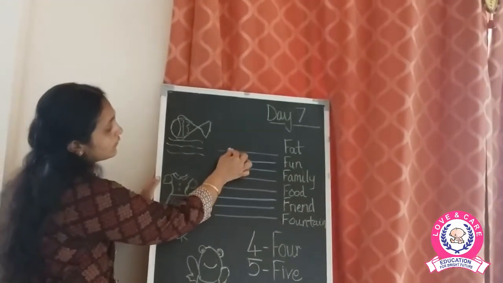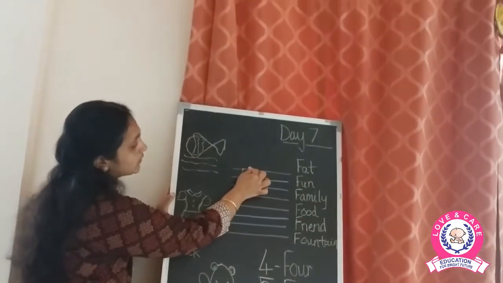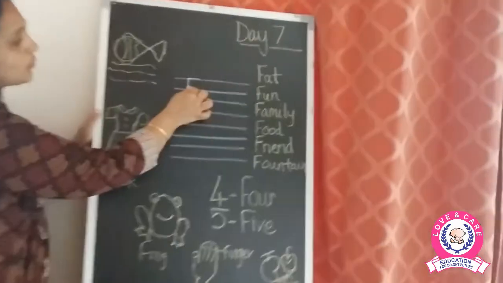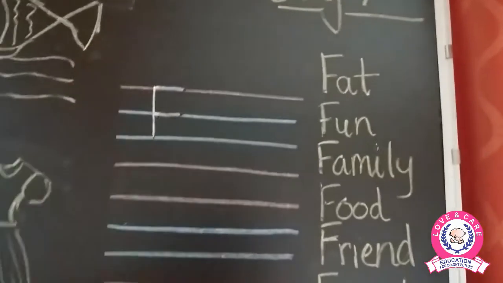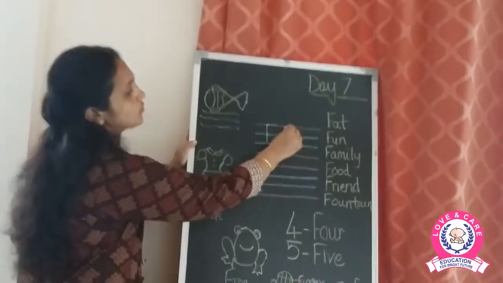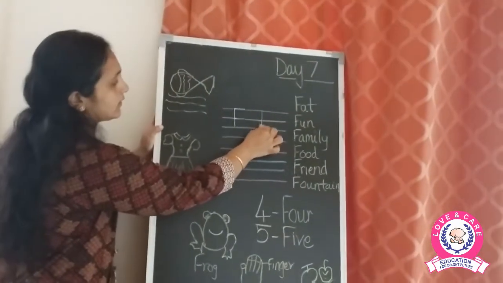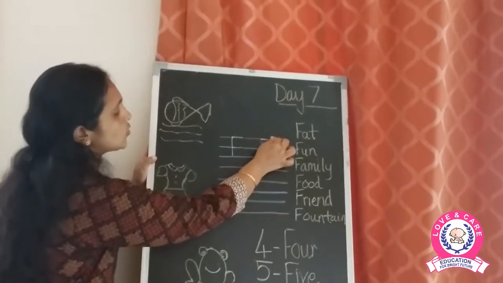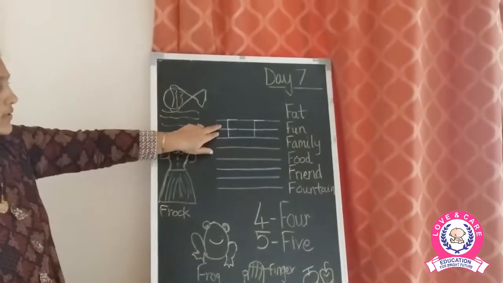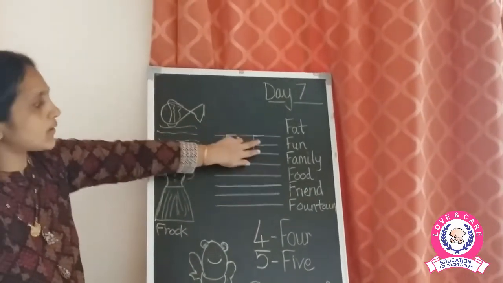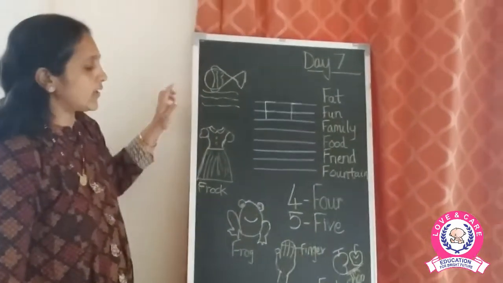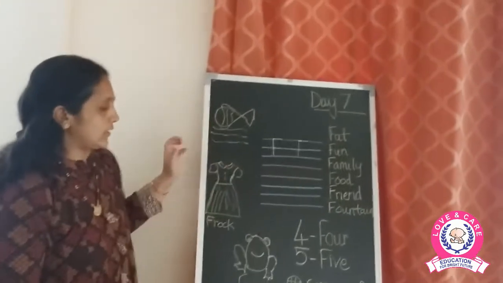The first slipping line should go over the red line and the second slipping line should go over the first blue line. So this is the formation of letter F. A standing line and 2 slipping lines. And as I always say, the slipping line should go over the given slipping line so that our work looks neat and clean. Our handwriting will look very neat.